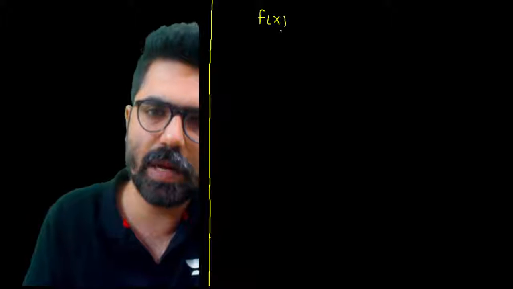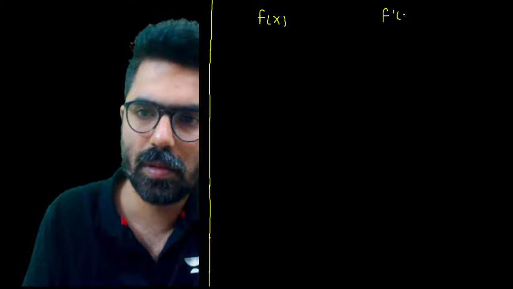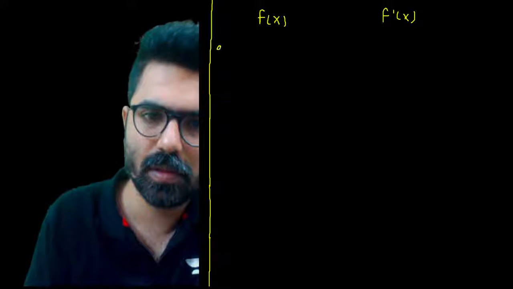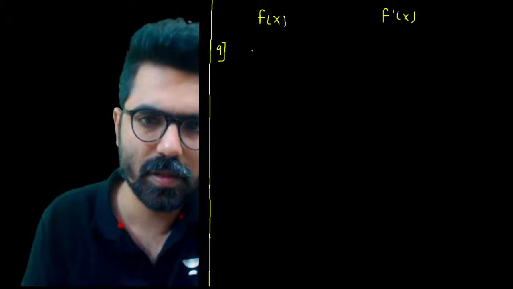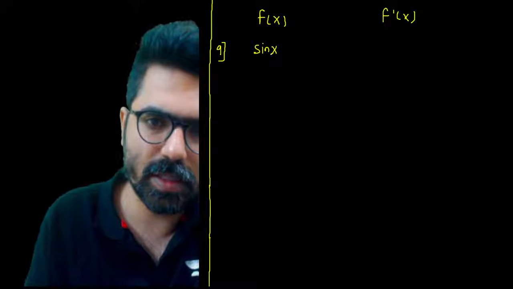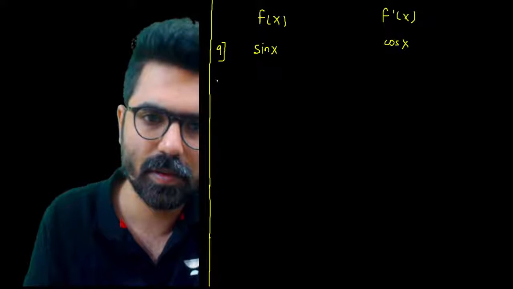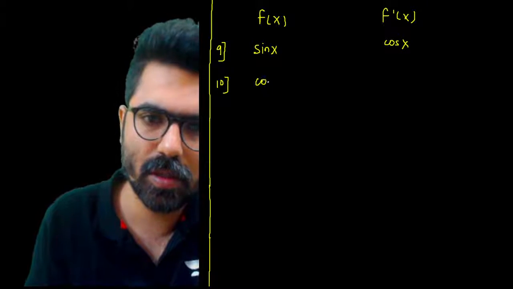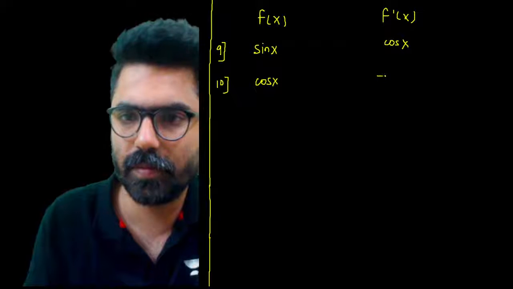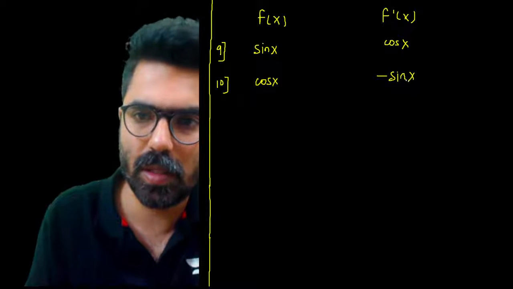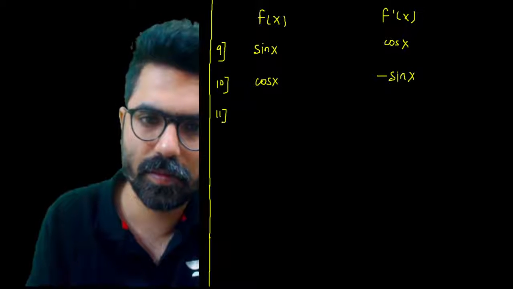Again, here I'm writing a function, derivative of function. The ninth formula here is sin x. So derivative of this function is cos x. And the 10th one, cos x, derivative is minus sin x.